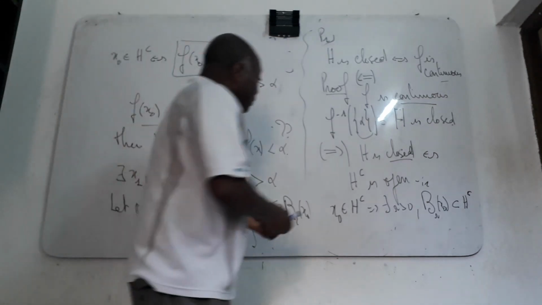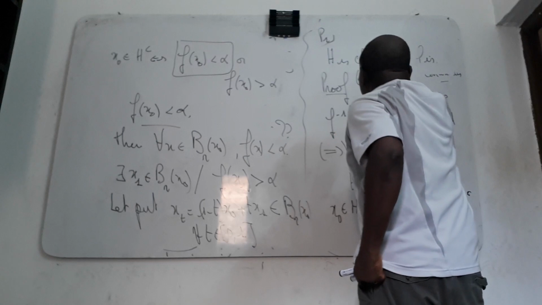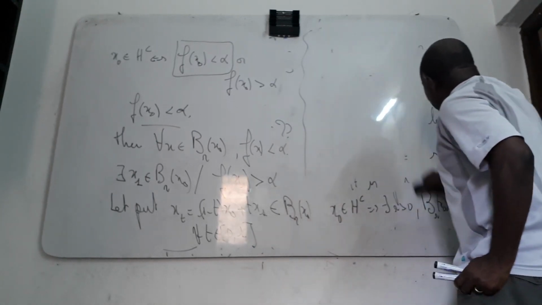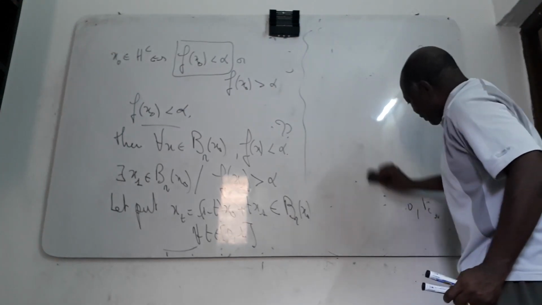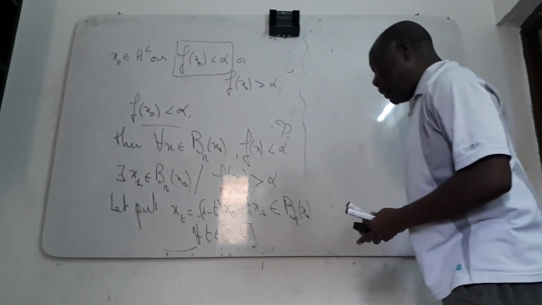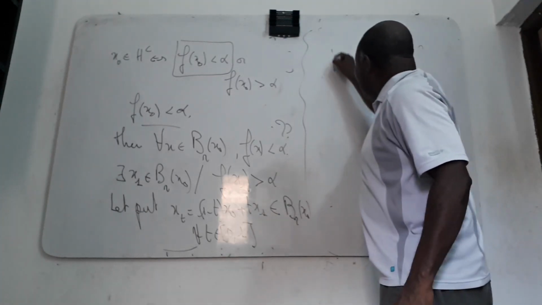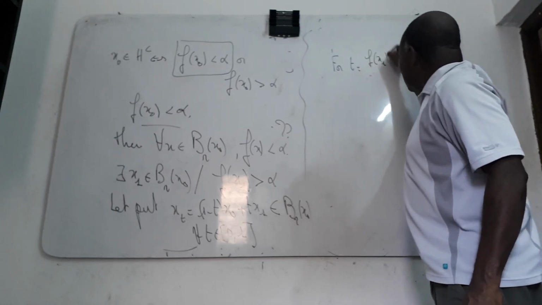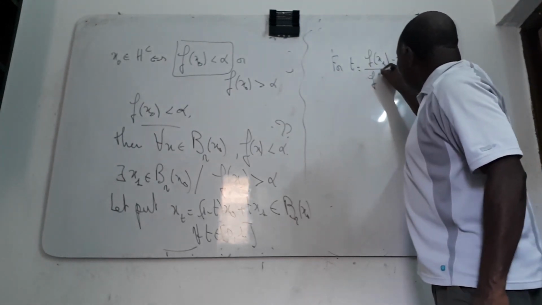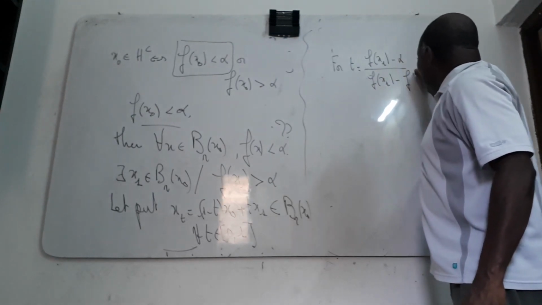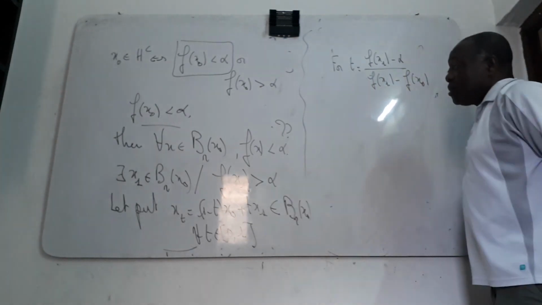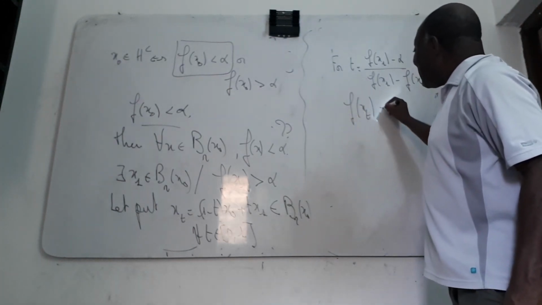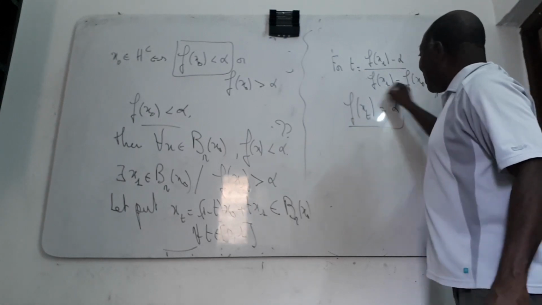But then, if you take t equal to (f(x1) minus alpha) over (f(x1) minus f(x0)) and compute, you see that f(xt) is necessarily equal to alpha. What is the contradiction?